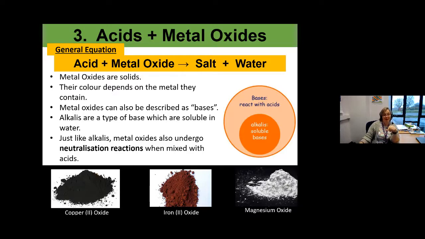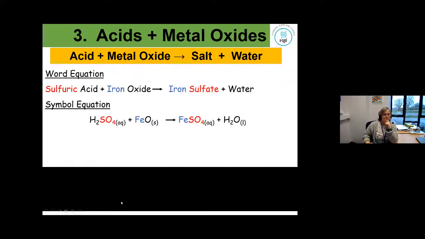So like alkalis, the product is always a result of a neutralization reaction. So you'll have something that is eventually honing in on that central point of 7 or getting closer to 7, making it neutral. Okay, so example there, you've got sulfuric acid and iron oxide. Well, that means that it's going to be iron sulfate, okay?